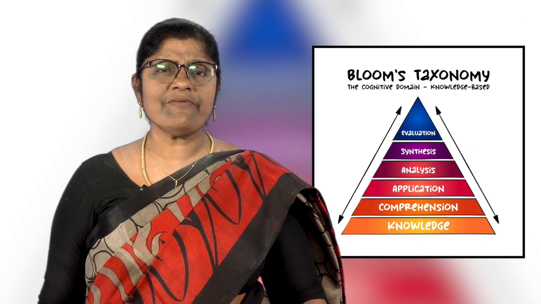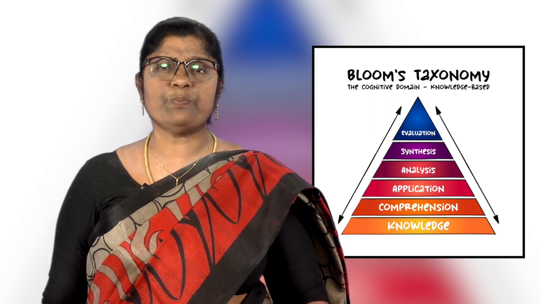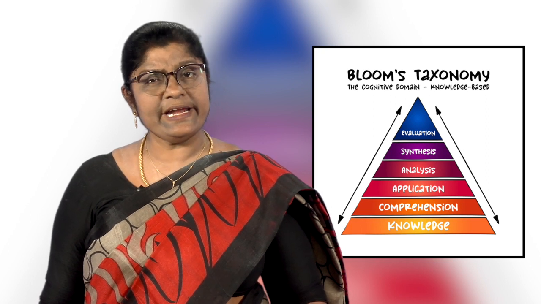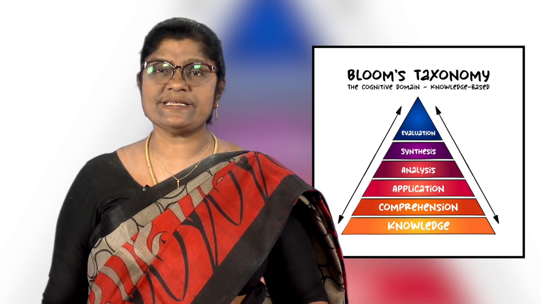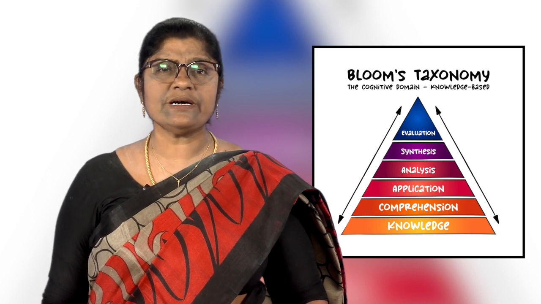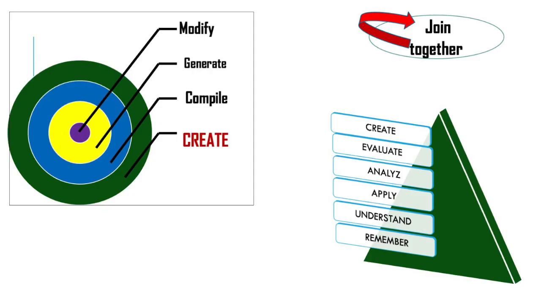Create, the final level of the revised Bloom's taxonomy model, involves putting separate elements together to form a detailed final product, such as writing a book of short stories based on literature principles analyzed throughout the course. Learning outcome verbs for this level include compile, generate, and modify.